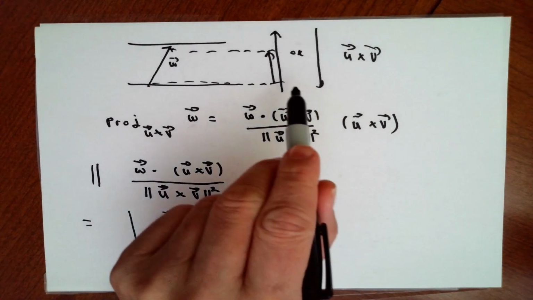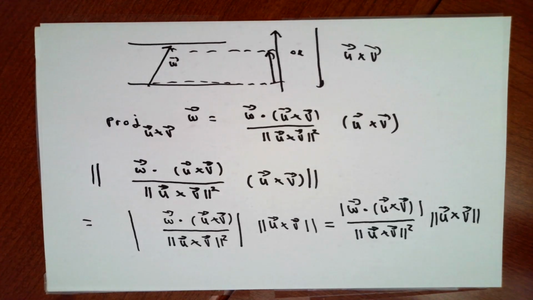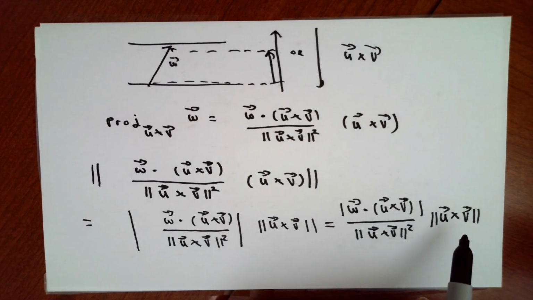This is removing this ambiguity here. Magnitudes of vectors are positive or zero, so I want the choice that's guaranteed to give me a non-negative result. On the bottom of the fraction, I have two factors of the length of u cross v. I have one upstairs, so I can cancel one of them out.